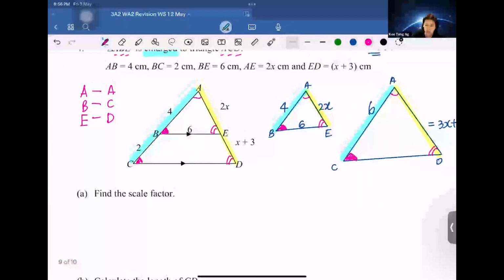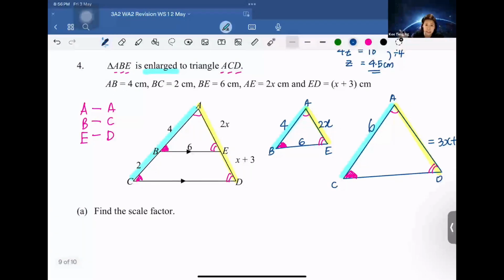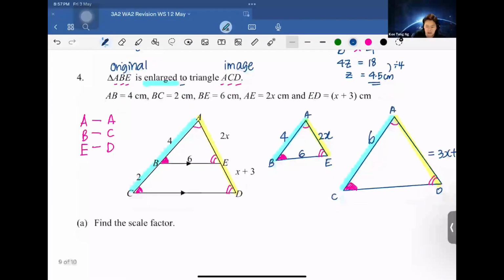Now the question asked me to look for the scale factor. ABE is enlarged to ACD, so ACD is my image, and ABE is my original. Scale factor is given by length of image over original.